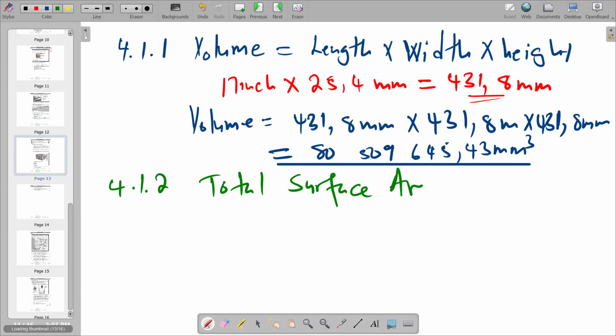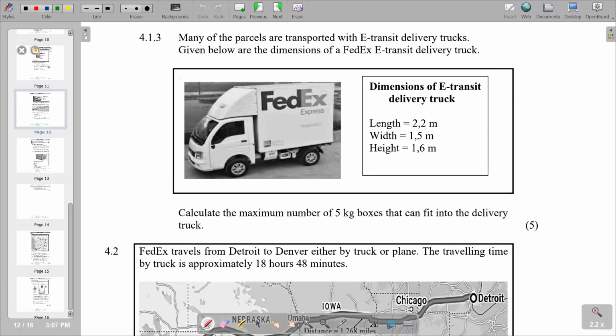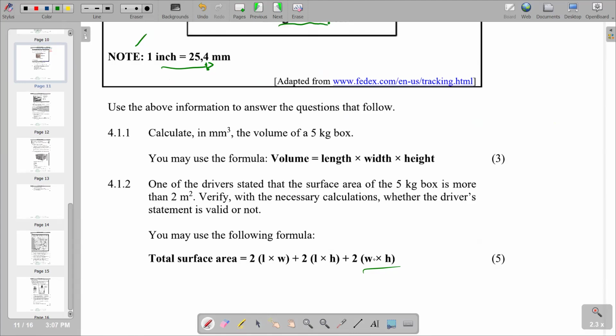Total surface area equals 2 length times width, add 2 length times height, add 2 width times height, as we are given in the formula.